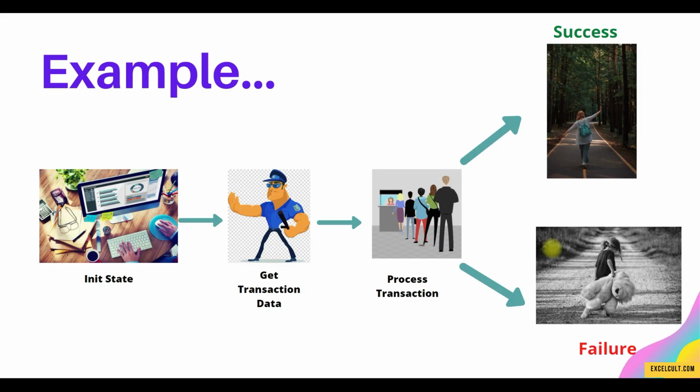So init state is nothing but, suppose you take an example of a banking process where there's a bank and there's an employee over there, who comes every day, logs into the system and calls the customers, and the customers should pass through a watchman. He'll do all the checks and let them go inside the counter.